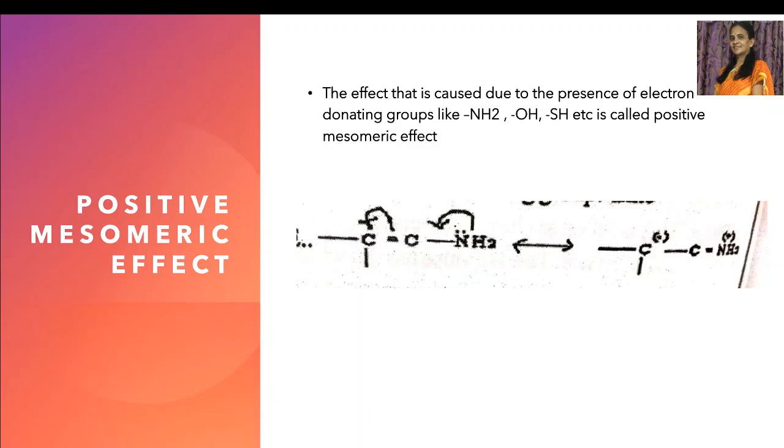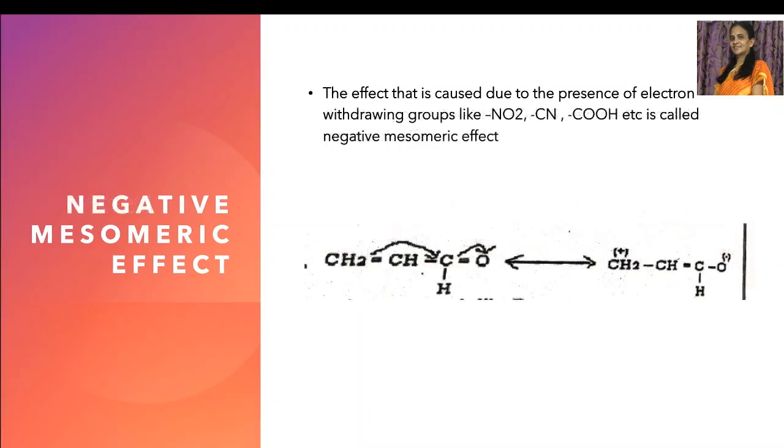This carbon gets negative charge and nitrogen positive charge. So this is known as positive mesomeric effect. Positive mesomeric effect is caused due to presence of electron donating groups like NH2 group, chlorine, OH, SH, etc. on the carbon atom.